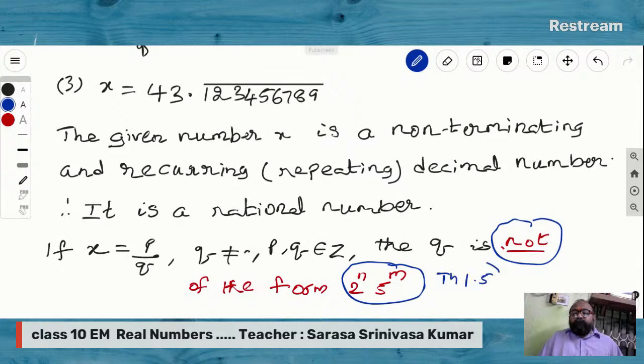By theorem 1.5, if we are given a rational number p by q, and if q is not of the form 2 power n 5 power m, then it is a non-terminating and recurring decimal.